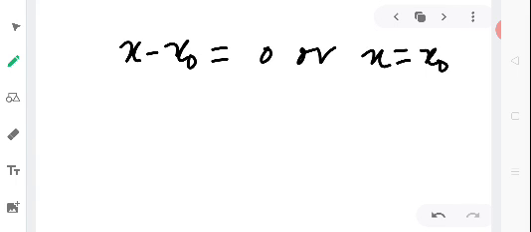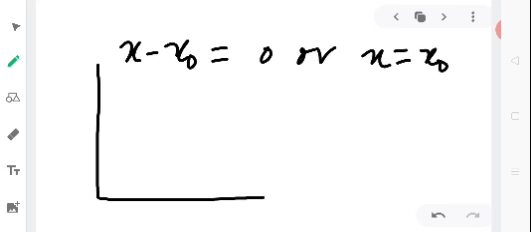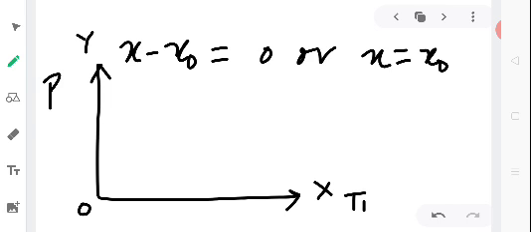How to represent that? For that, I have to draw the axes. Suppose I am representing position on the y-axis and time on the x-axis.